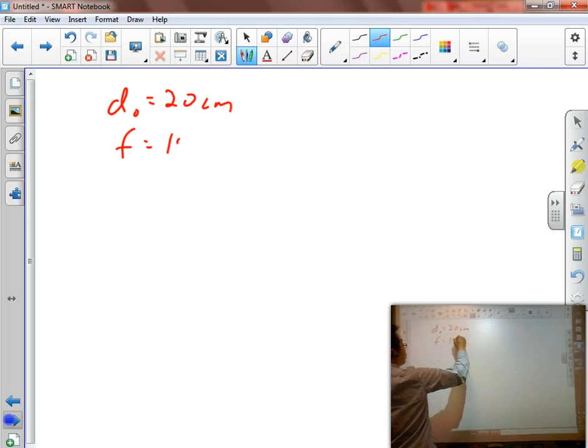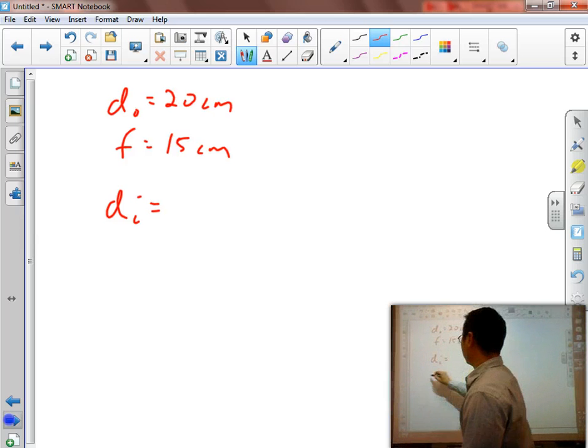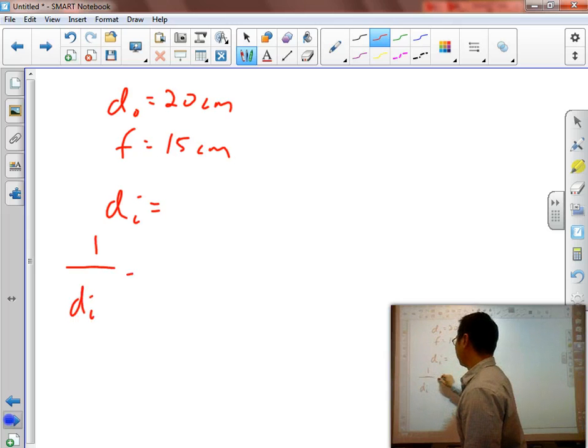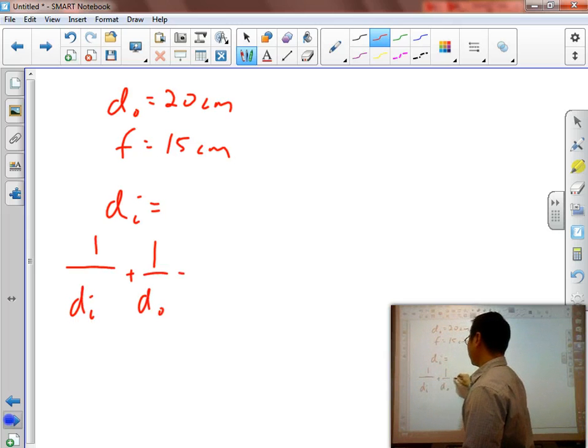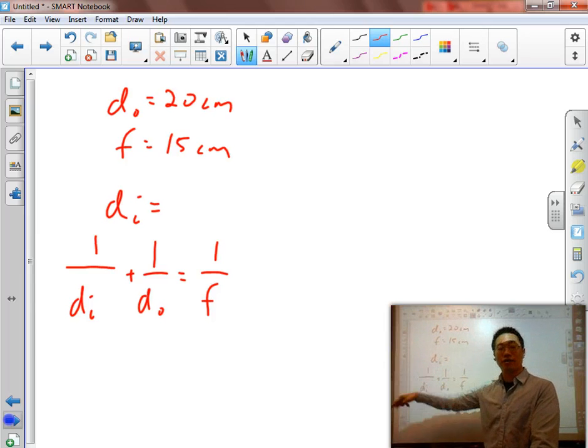Now, taking all this information, with DO being 20 and F equaling 15, we should be able to solve for the distance of the image from the mirror right away. We just use 1 over DI plus 1 over DO equals 1 over F. I know it's a positive focal point because it's on the positive side.